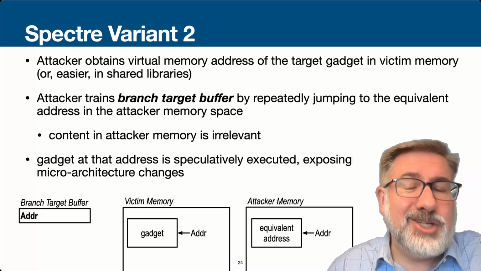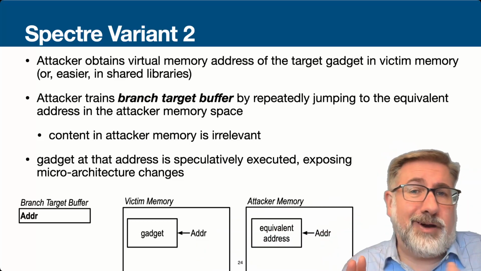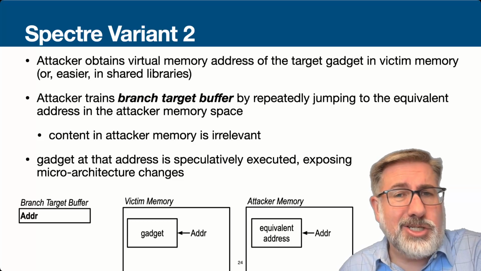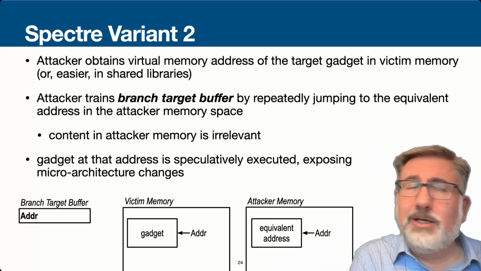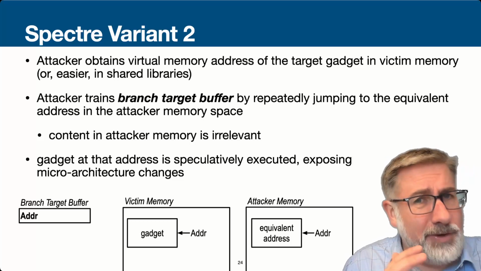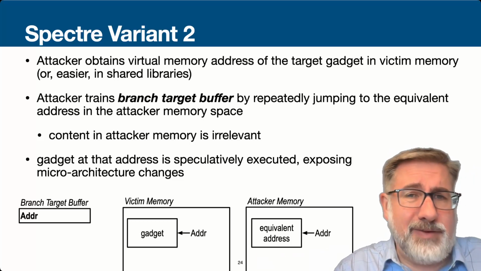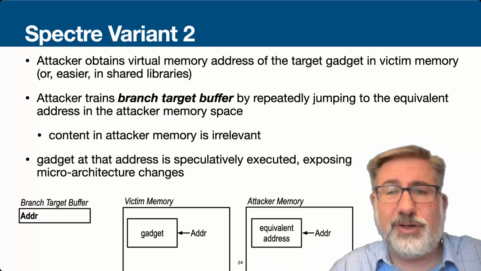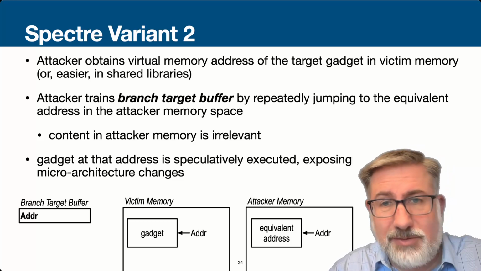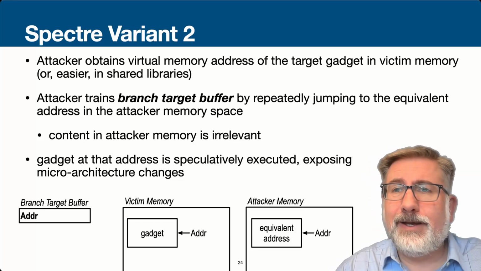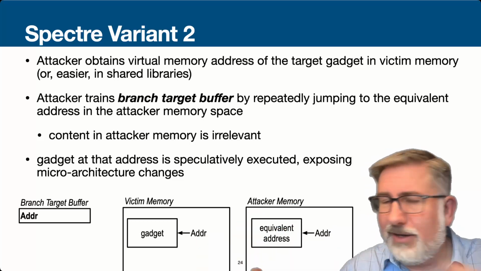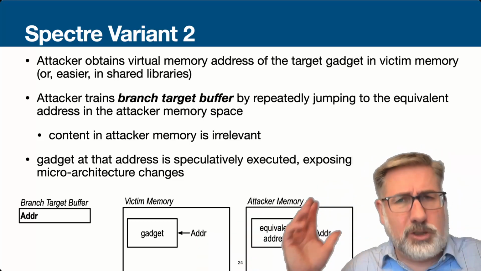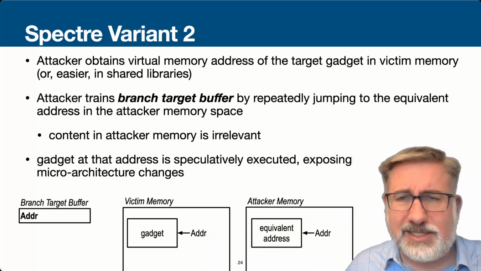So that's the main trick: you have to be able to identify microarchitectural changes in shared resources that don't get walked back when we mispredict a branch. It's a very specific situation, but in fact it causes several different kinds of exploits to happen. Spectre version 1 and version 2 are just a couple of examples. And in subsequent videos, I'll show you a whole collection of different kinds of speculative attacks and how they work.